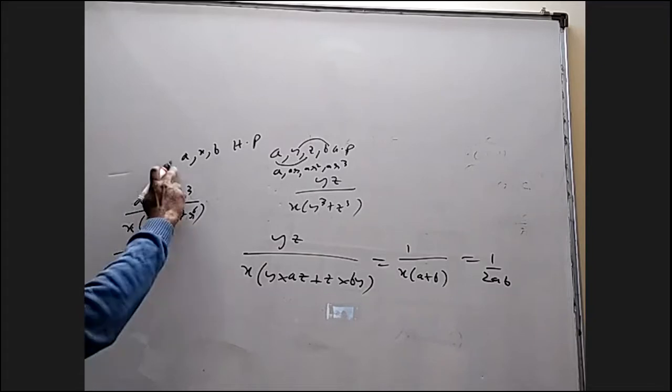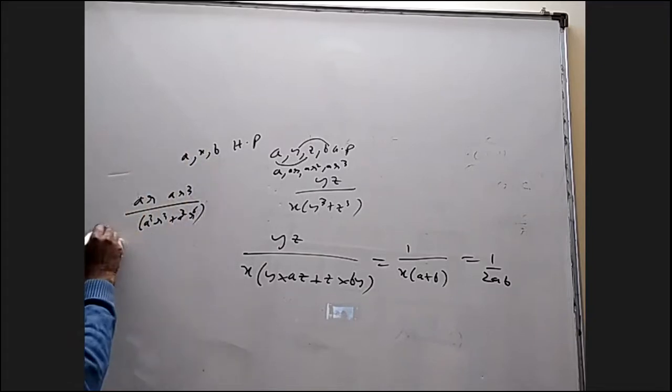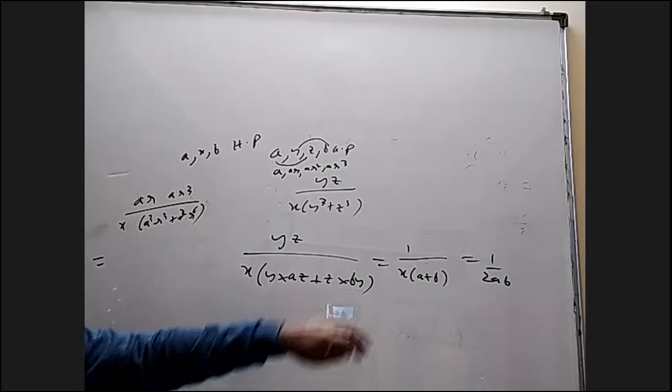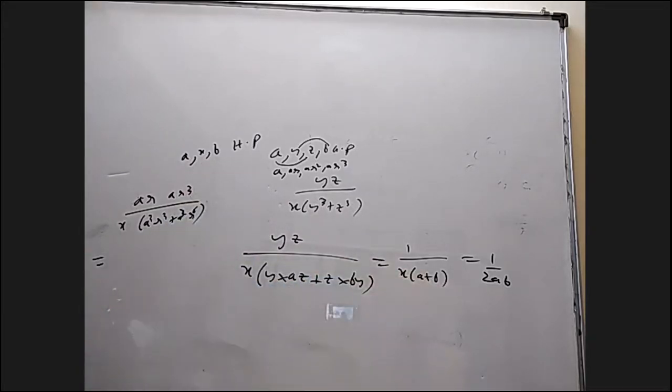Keep it. I can write X as A plus AR cube by 2. I can even substitute that if somebody wants. A plus, no, it is harmonic progression, so leave it. We'll see later. Coming to this part, and I have to prove 1 by AB. This is better for me, I'd like it. But there was a question where these are AP, that would have been a different answer. If there would have been AP, A plus B would have been 2X, it would have been 1 by 2X square or something.